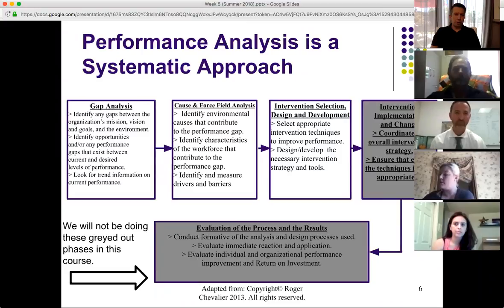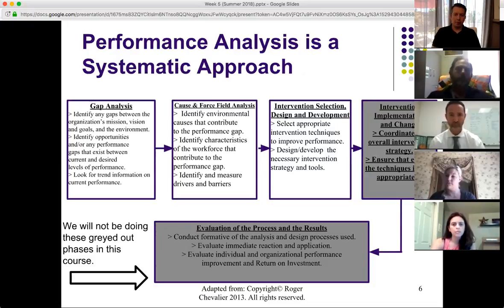So the approach looks like this. As I mentioned, the big items are the gap analysis and the cause analysis, and those are the first two boxes here in this flow chart. In addition to the gap analysis, Roger has added a force field analysis to his material, and it's pretty neat. We'll be doing that.